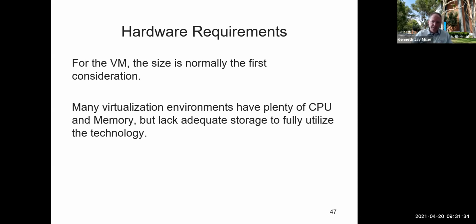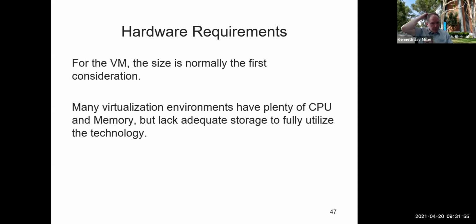So generally speaking, if you know it's a web server and this website is not going to get over, say, 100 gigabytes, allocate 100 gigs of disk space when you create the VM. That way you're all set.